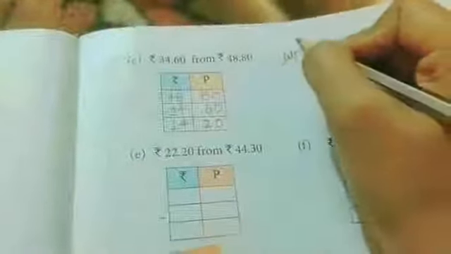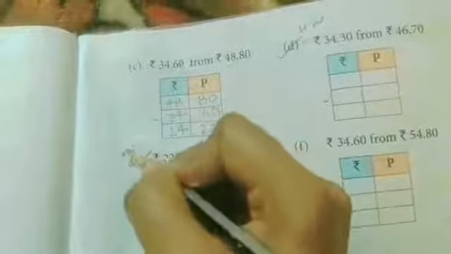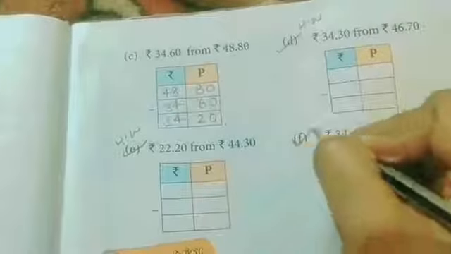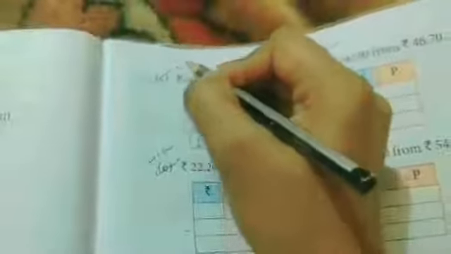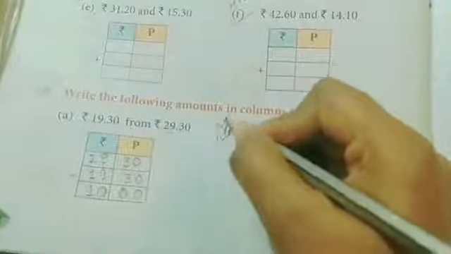Clear? So students, question number D, E and F are homework. C, B and A are classwork.